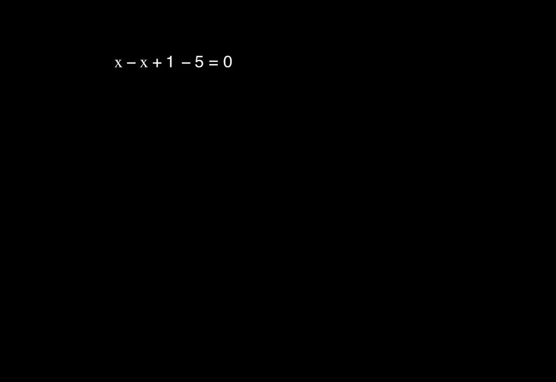This is missing a part as well, so this would be x minus the square root of x plus 1 minus 5. Same idea, subtract x, add 5, both sides.